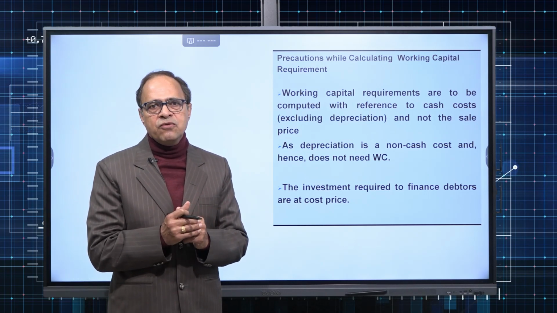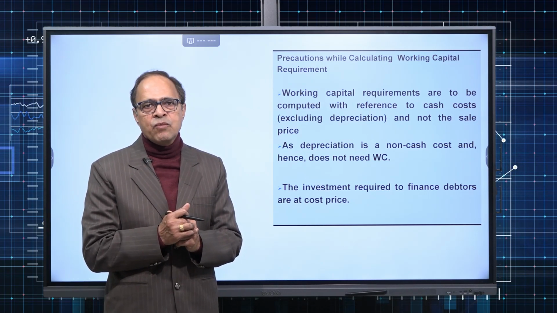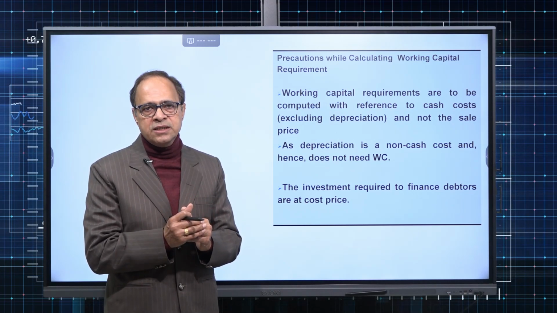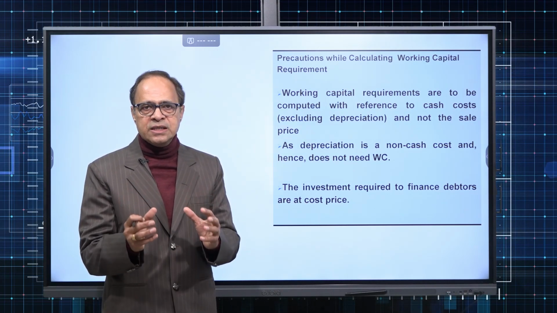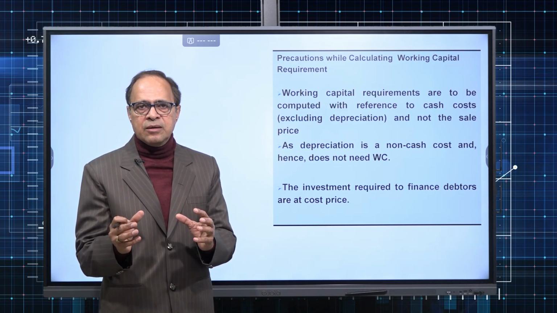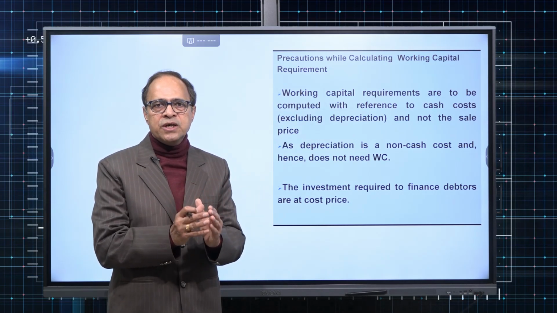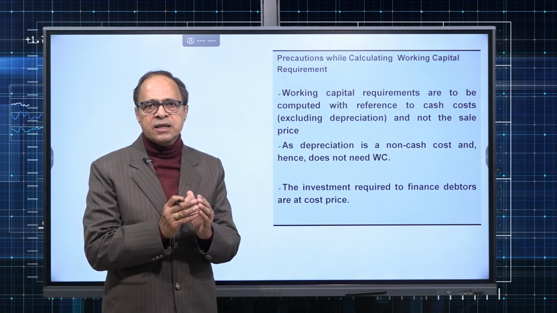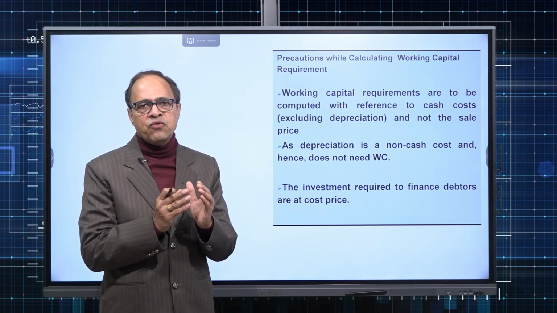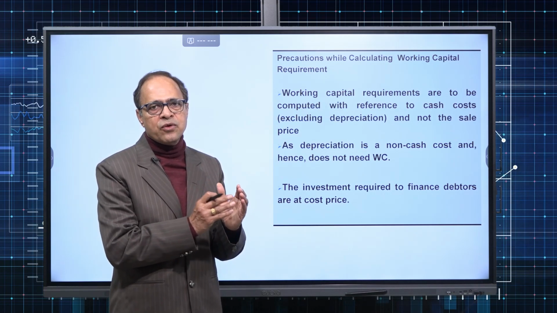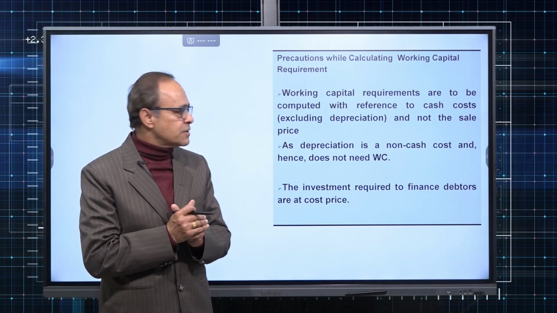And estimation of working capital basically means how much investment is required in the different current assets and how much financing we will have from different current liabilities. And net working capital tells me how much funds are to be arranged by the finance manager to finance a particular level of operating activities from the angle of working capital finance.